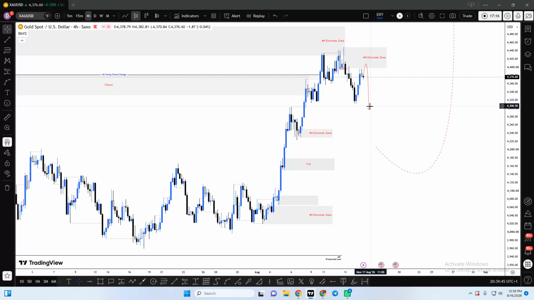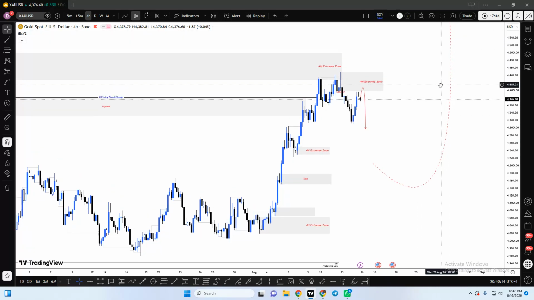So if we know that the swing pullback is beginning, then the next question is, where are we getting involved? Because the sales have begun, and we've identified a zone right there. So this is the zone that I'd be looking to get involved with, to sell gold to the downside, to come to some of these levels, and then continue buying from there.